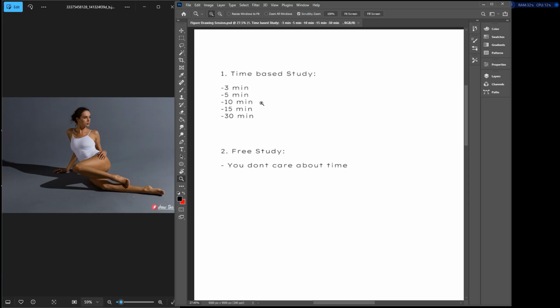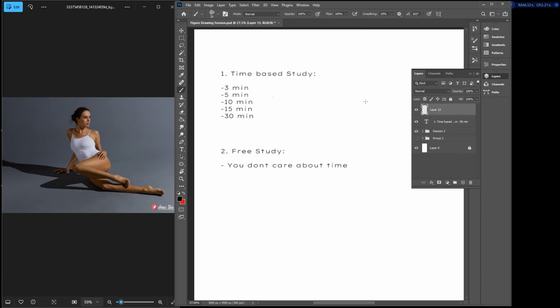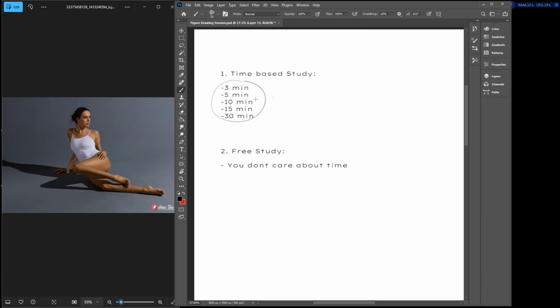However, from my perspective, figure drawing has a couple of base structures that are very important, and one of them is the time-based study. How is this important? This is really important because each of these studies helps you learn something different.